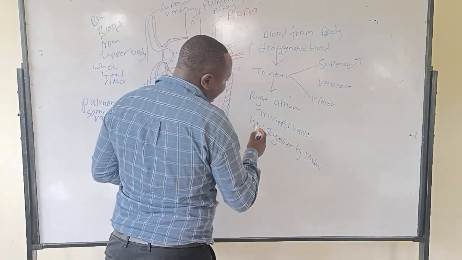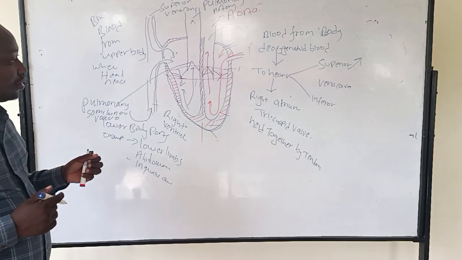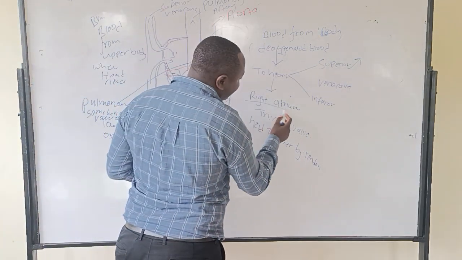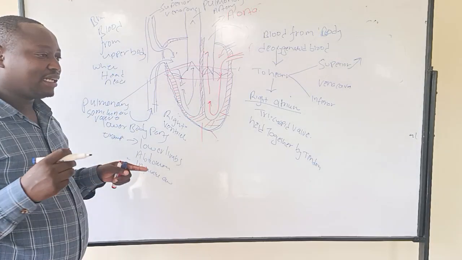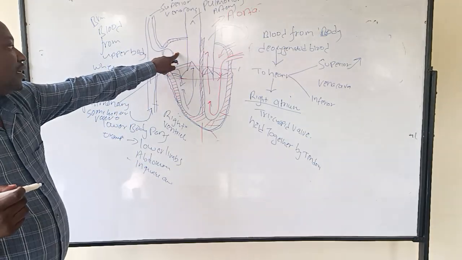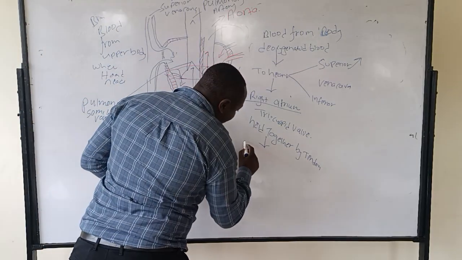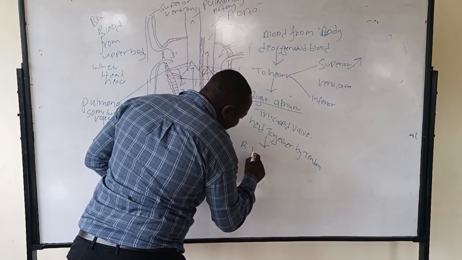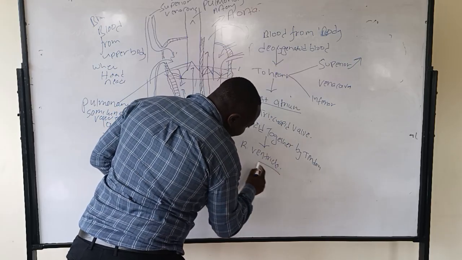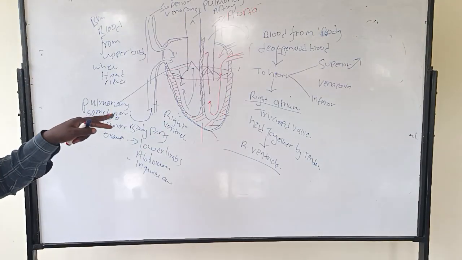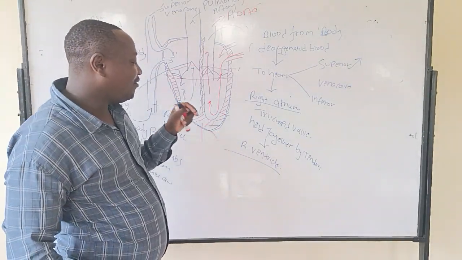Once the blood is in the right atrium, what you're going to find is that once we have a depolarization in the atrium, that blood will flow to the right ventricle. The blood will flow to the right ventricle through the tricuspid valve.